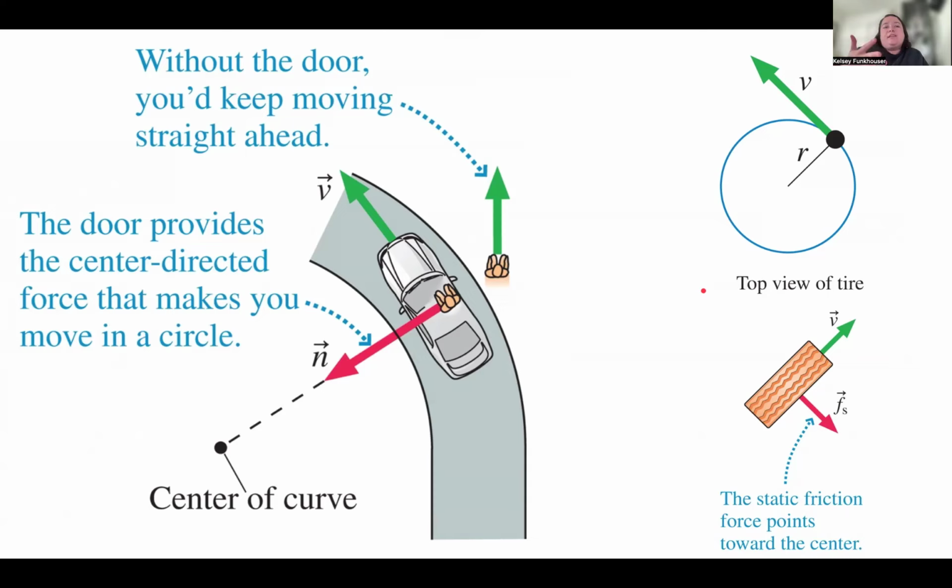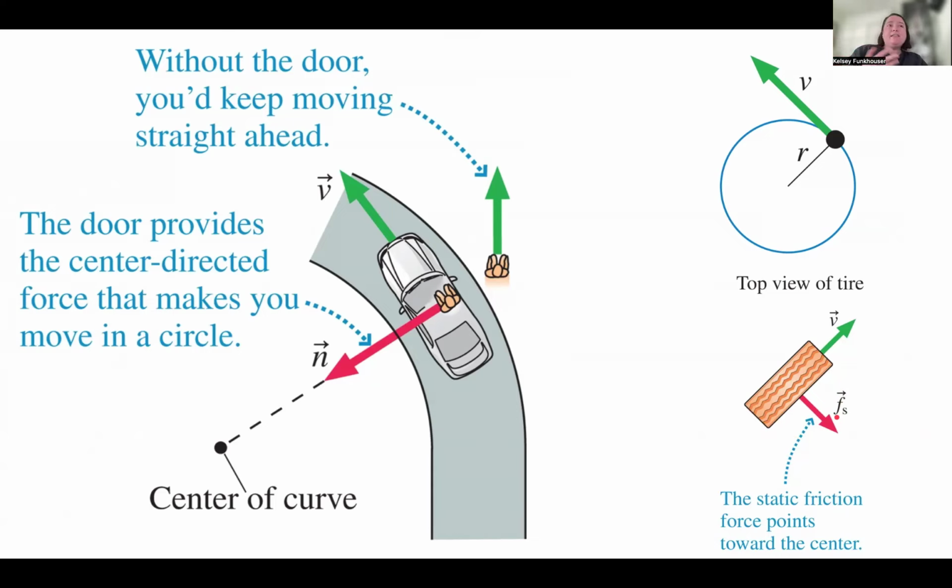But what is it that you feel in the car, for example? So it depends a little bit on how close you are to the side door. If you really are thrown into the door, then it's the normal force from the door. If you're well strapped into your seatbelt, that might be what is forcing you to turn as well. And it acts the same way as the static friction force does for the tire. It causes it to turn or change direction instead of just going off.